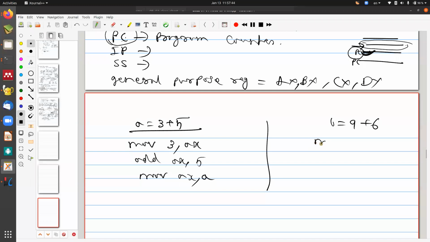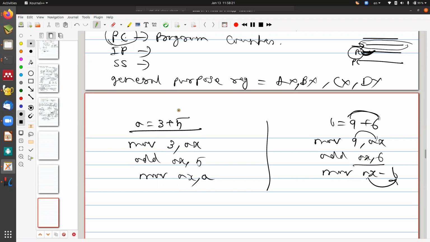It is written like this: move 9 comma x, then add x comma 6, then move x comma b. What is the meaning of this? When you compute an addition, first you move 9 to the register, then that register value and a new integer value get added and stored in the same accumulator register x, and the result in x will then be moved to b. The same thing is happening here.